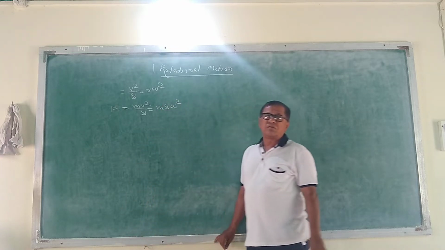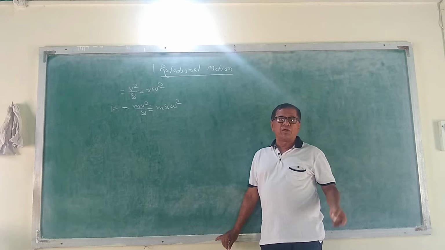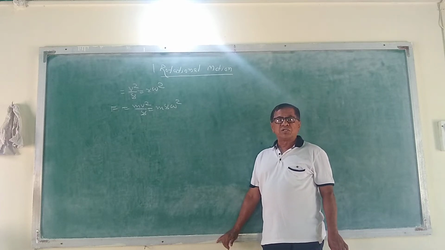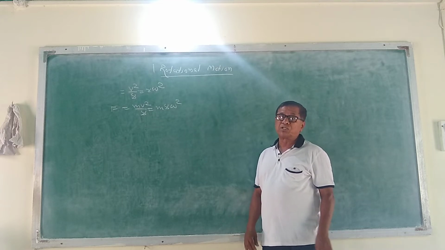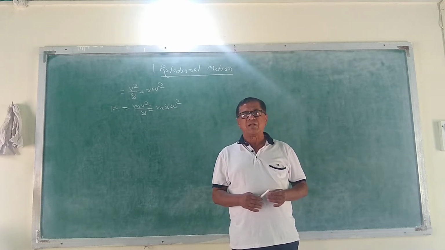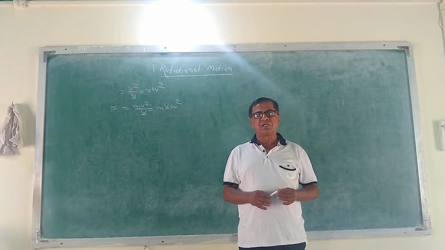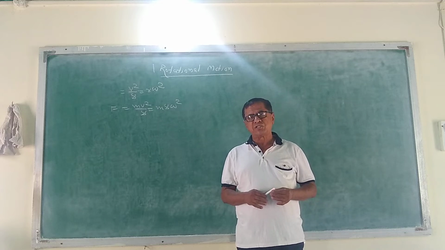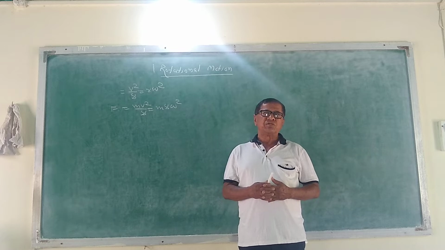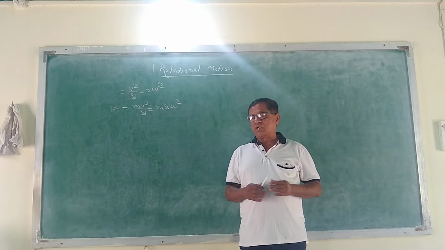Now, these terms we are going to repeat in this chapter on rotational motion. For rotational motion, we are going to consider friction also. We have seen the coefficient of static friction, kinetic friction, and rolling friction. The static friction is greater than the kinetic, which is greater than the rolling friction.